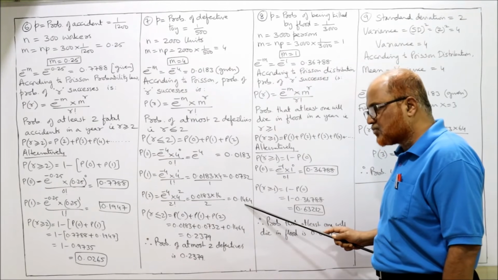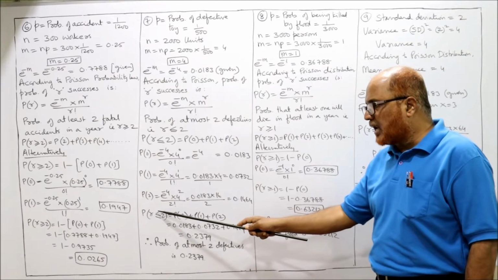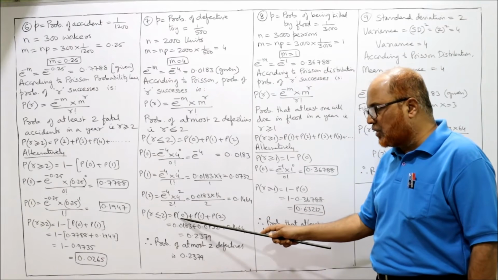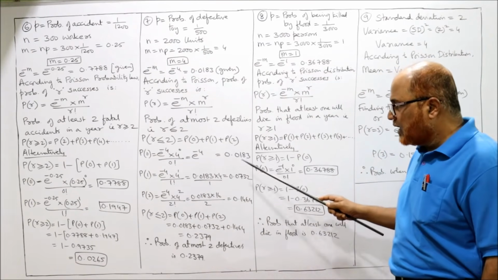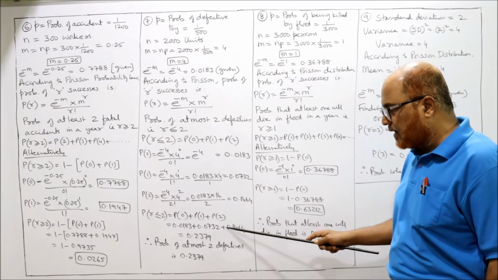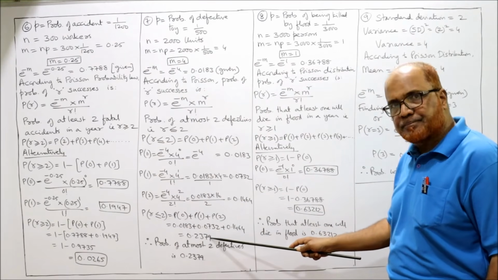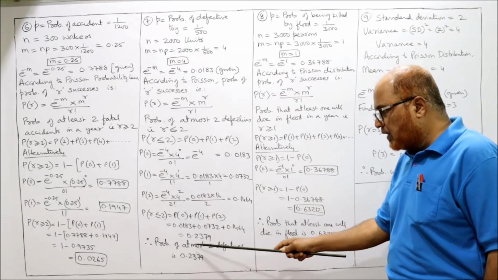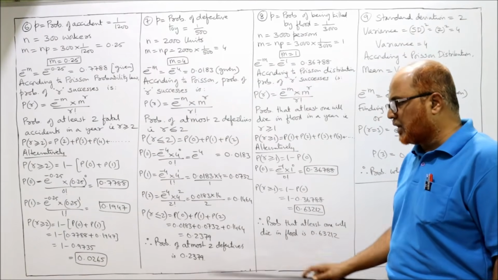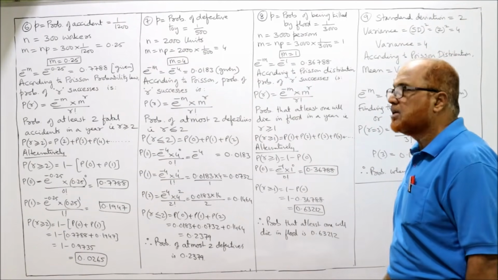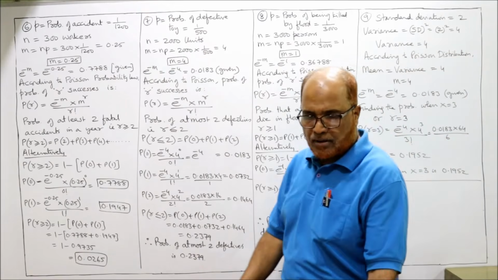So 0.1464. Now P of R less than or equal to 2 is equal to P of 0 plus P of 1 plus P of 2. If we add these three probabilities, we get 0.2379. So the probability of at most 2 defective is 0.2379. This is the 7th problem.